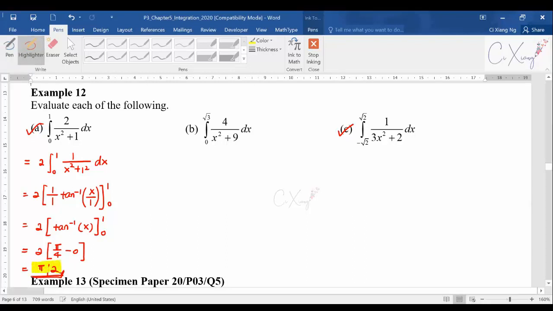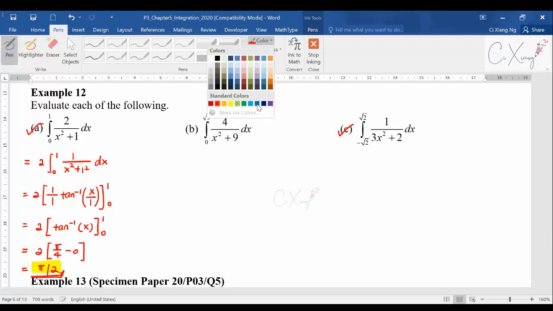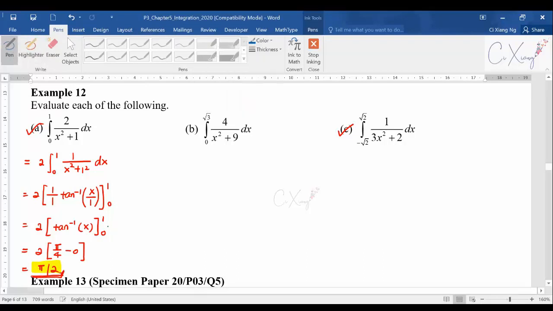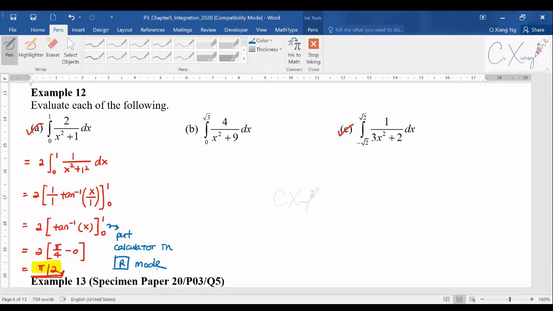Okay, to get the pi over 2, there's a small technique that you need to know. When you press the calculator, put the calculator in radian mode, because for all the questions that involve integration and differentiation with trigo, all the values in the calculation should be in radians.